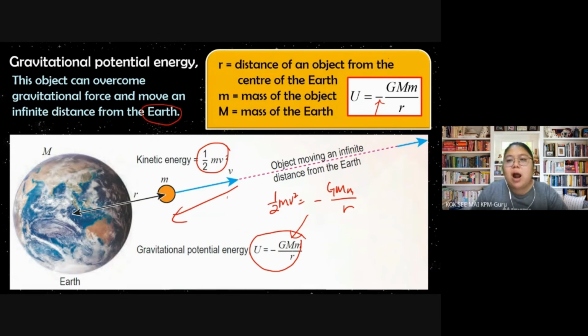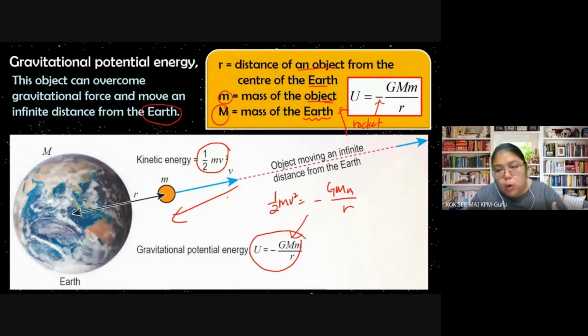Okay, what does R stand for? The distance of the object from the center of the Earth. Small m is the mass of the object you want to send, for example a rocket that they want to launch to space. Big M is the mass of the Earth. So from here we continue. There is one energy that doesn't let you go out.